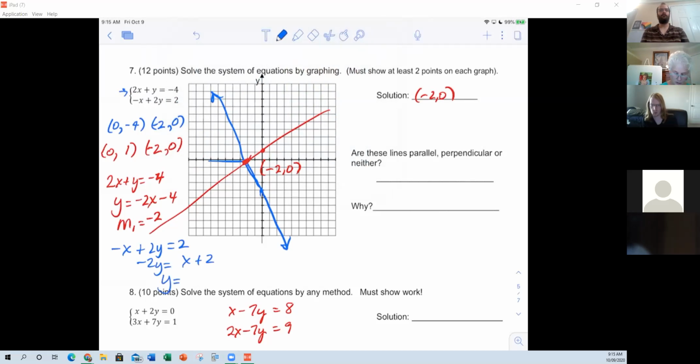So y would equal 1/2 x plus 1. Oh, that's plus 2, sorry. So the slope of the second line is 1/2. And so these are perpendicular because their slopes are opposite and reciprocal.